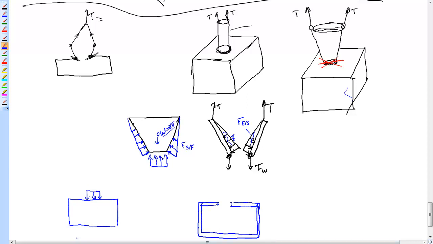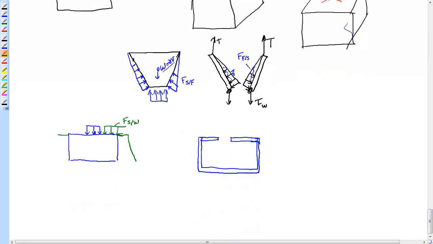Now technically, what you have as well is, here I'll draw this in a different color. This is the force that the steel puts on the water. Okay, it grows to a certain value here. Okay, it comes across here. And then it grows to a value here. And the length of this arrow should be the same as the length of that arrow. Hopefully I did it reasonably well.